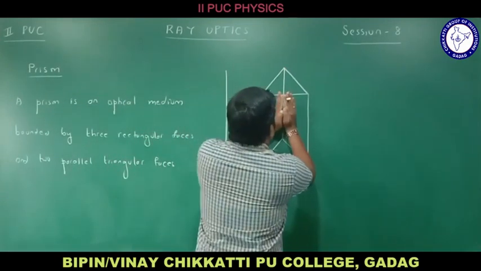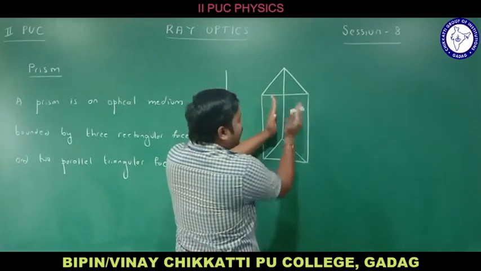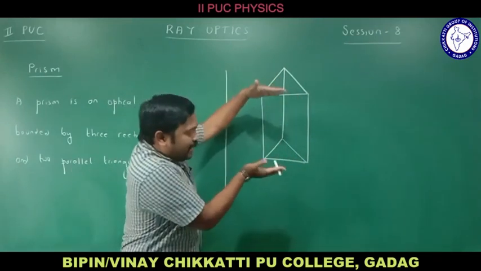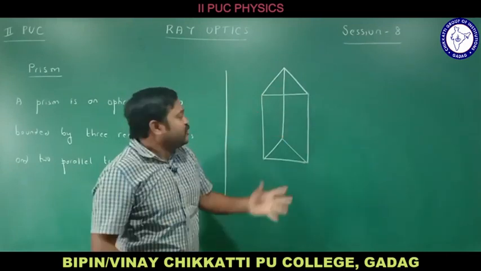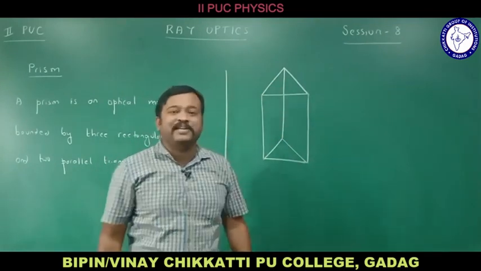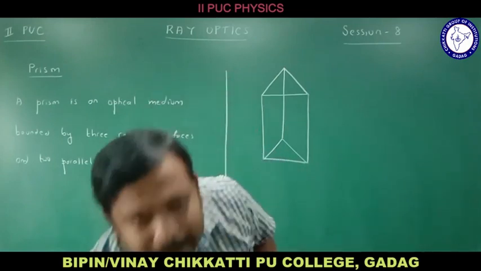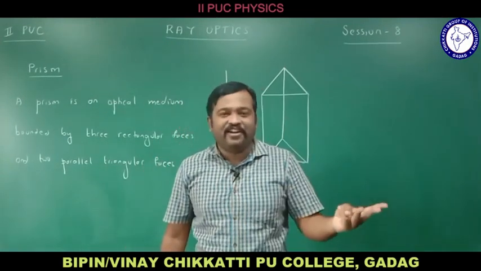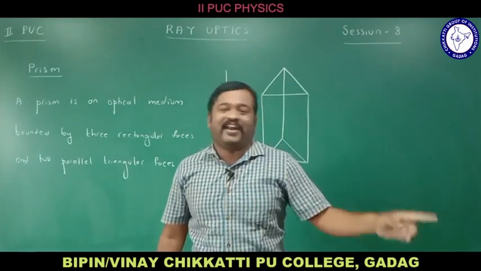So one rectangular face, two rectangular faces, and the backside, three rectangular faces, and two parallel triangular faces. So a prism is bounded by five faces, three rectangular faces and two parallel triangular faces.